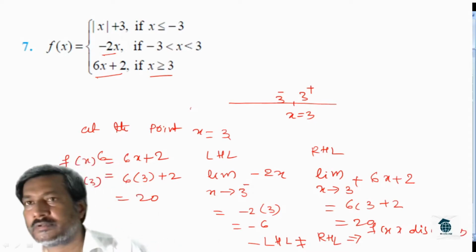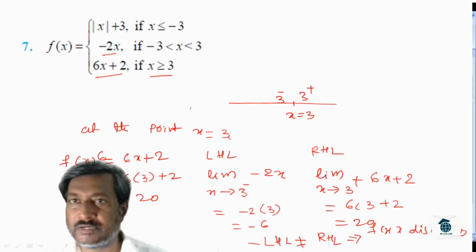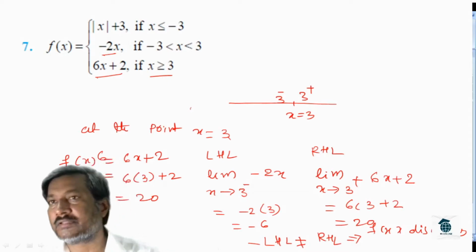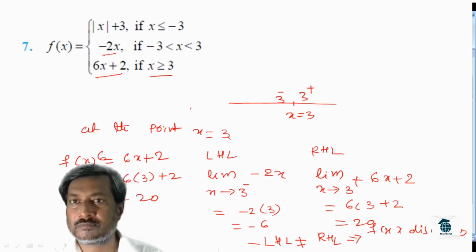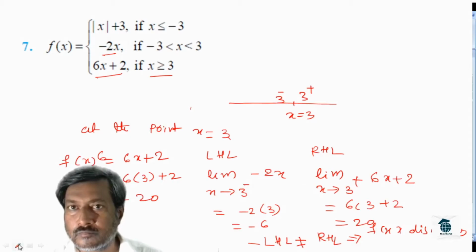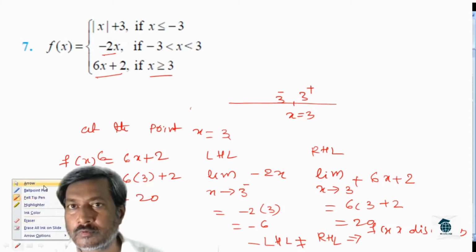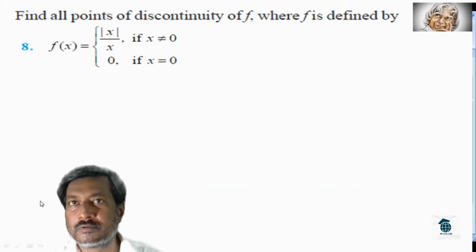So the same function is continuous at minus 3 and it is discontinuous at plus 3. Now go for the next example.